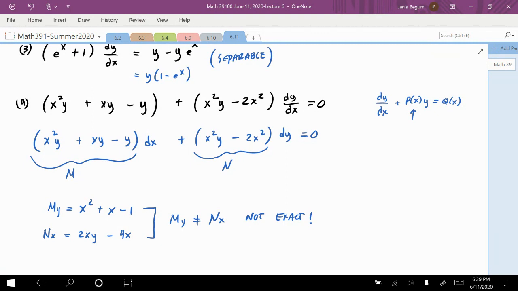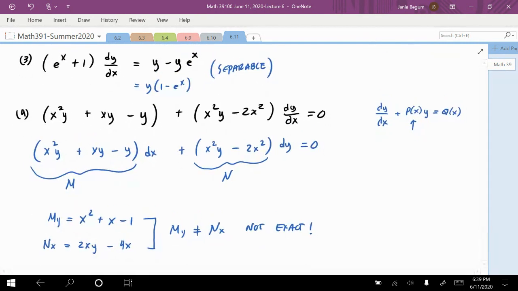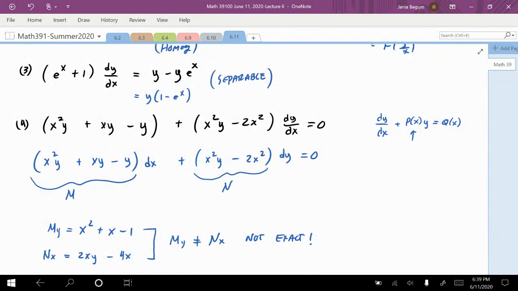So how can we check if it's homogeneous? Plug in y equal to ky and x equal to kx and see if it gives you the same differential. Yeah, you can do that and check, but I don't think it's homogeneous, because when you plug in k times y for y, the third term in the first parenthesis will give us trouble.